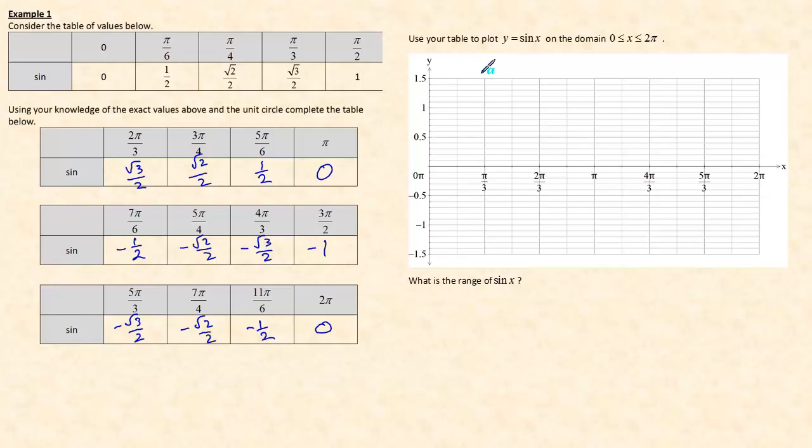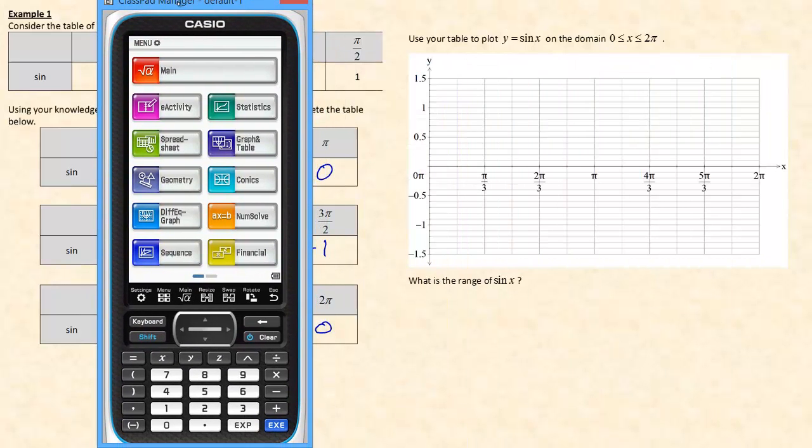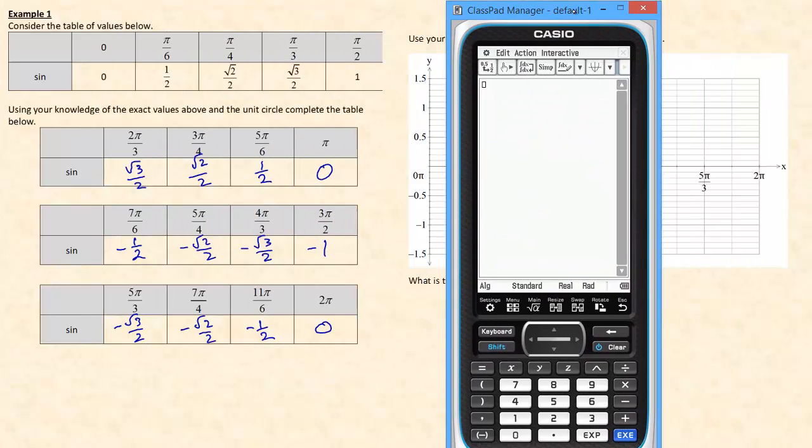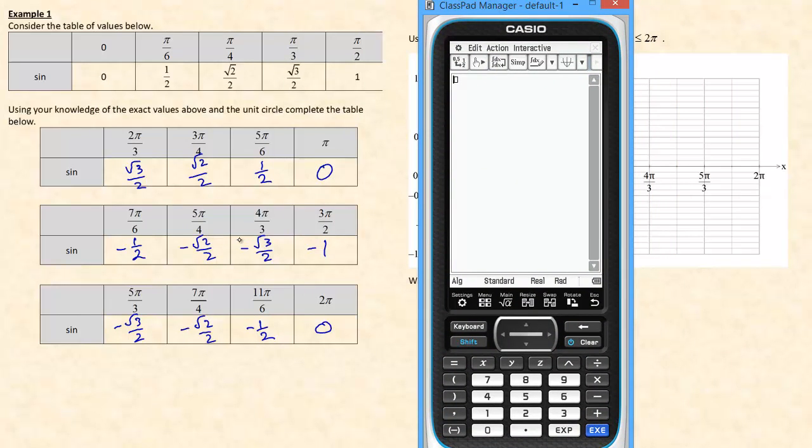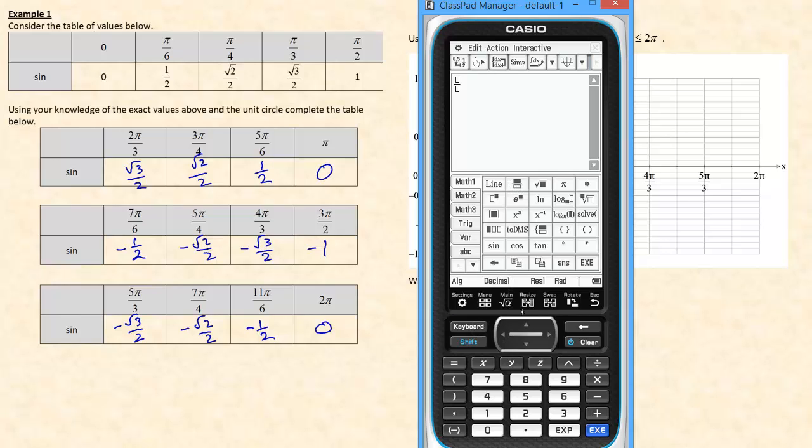So we now want to plot y equals sine x for the domain 0 to 2 pi. So we might want to get decimal approximations for some of these surds so that we can plot them. So if we think about, let's go to decimal here, and let's have root 2 divided by 2.